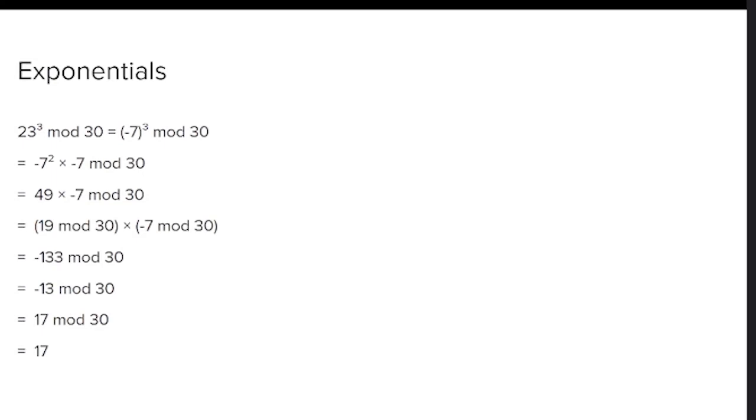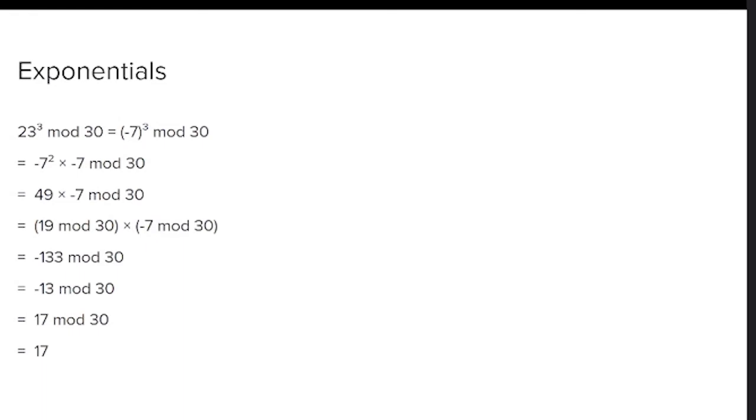Since they're congruent, আমি -7 কিউব নিয়ে কাজ করলে আমার অ্যানসার একই আসবে। সো আমি -7 কিউবটাকে ফ্যাক্টরাইজ করে 49 পাচ্ছি এখানে, which is 49 কে mod 30 তে লিখতে গেলে we divide it once and the remainder is 19. You have 19 mod 30 into -7 mod 30, you multiply 19 and -7 which gives you -133 mod 30.